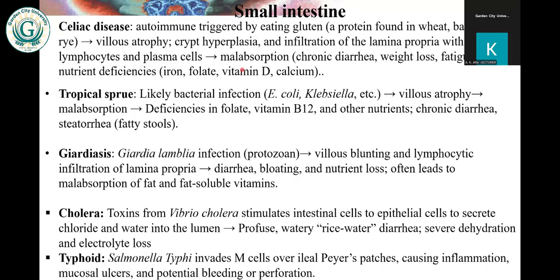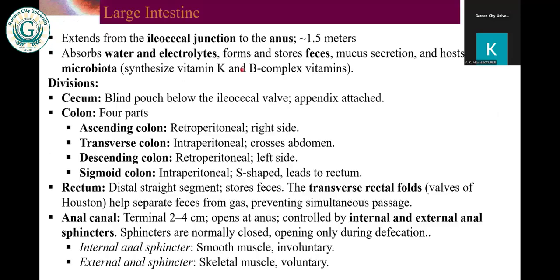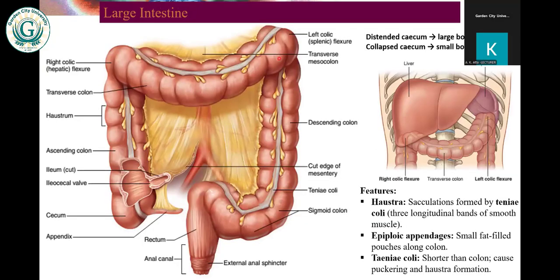Okay, so this is the large intestine. The large intestine is made up of the cecum, the appendix, then the colon, then the rectum, then the anal canal, then of course the anus.